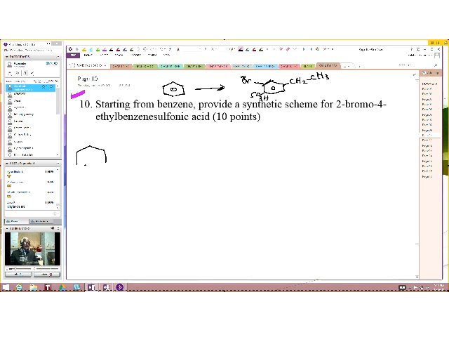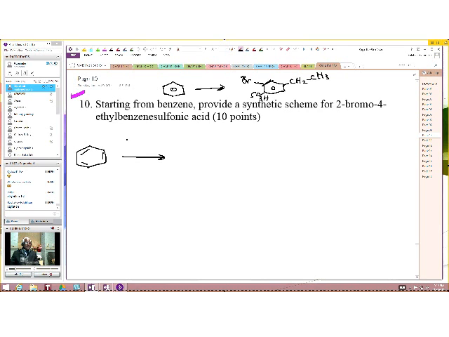Okay, give me some help here. Alkylation. You say alkylation. Do you really think that? Okay, acylation. Yes, exactly. You need to do acylation.